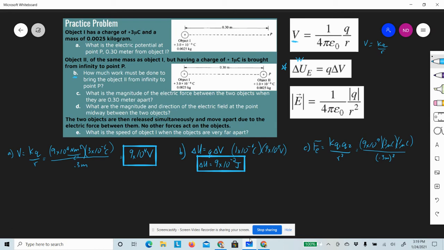9 E 9 times 3 E negative 6 times 1 E negative 6 gives us 27,000. 27,000 divided by 0.3 squared, or 0.09. Why do I feel like I missed something somewhere?